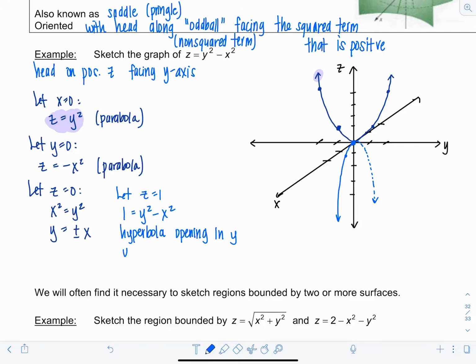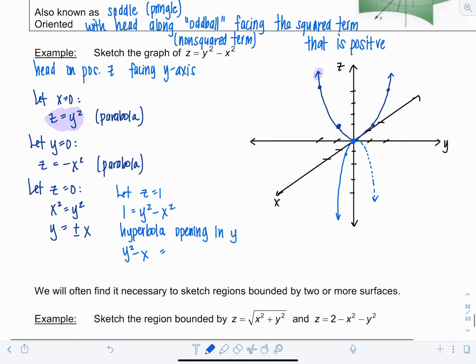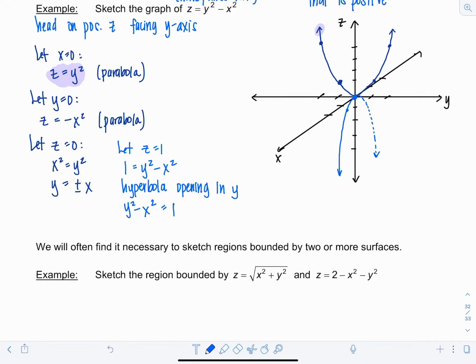And as long as I have y squared minus x squared equals some constant k, where k is greater than 0, I get just a series of hyperbolas that are parallel to the xy plane. So I'm just going to draw a series of them right now. Okay, so these are hyperbolas that are parallel to the xy plane, but they're going to be moving up in the positive z direction, okay?